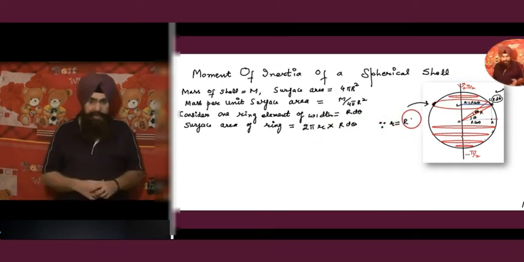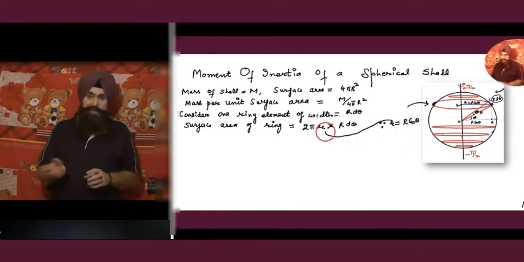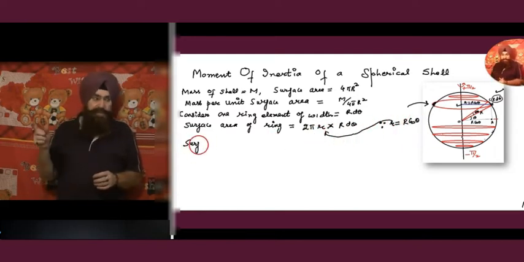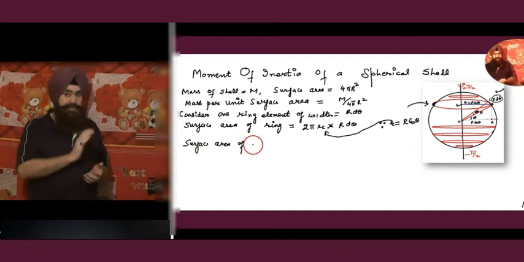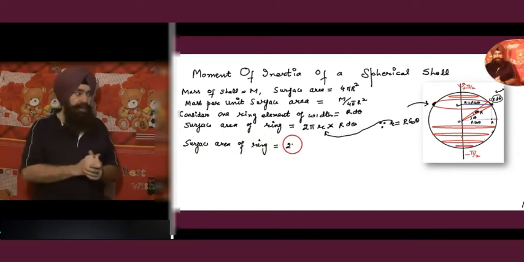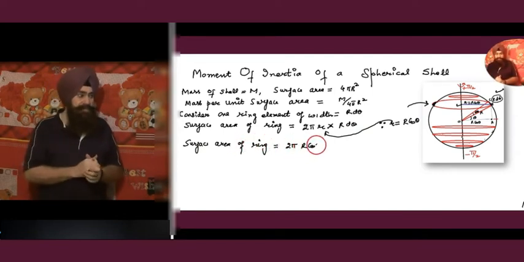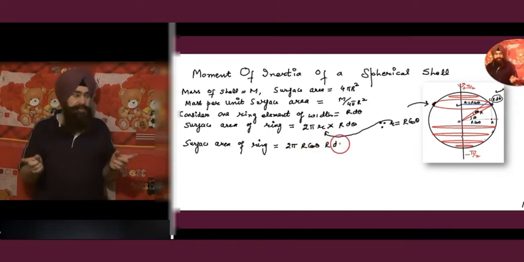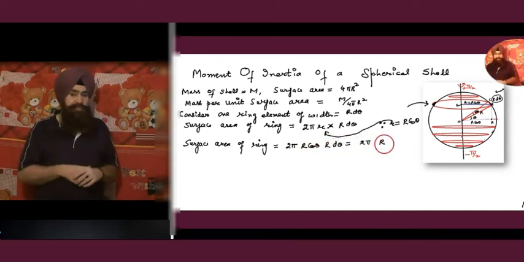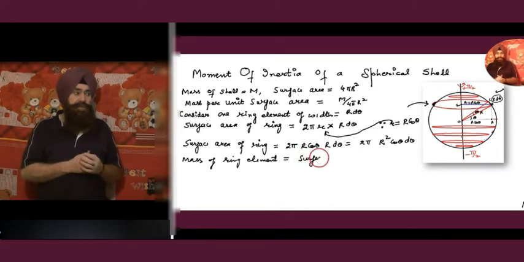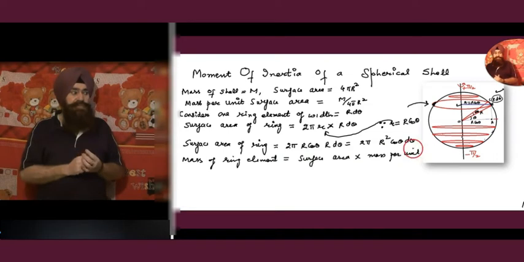Now, we already know small r in terms of capital R: small r is capital R cos theta. So substituting it here, the surface area becomes 2 pi capital R square cos theta d theta, the surface area of the ring.